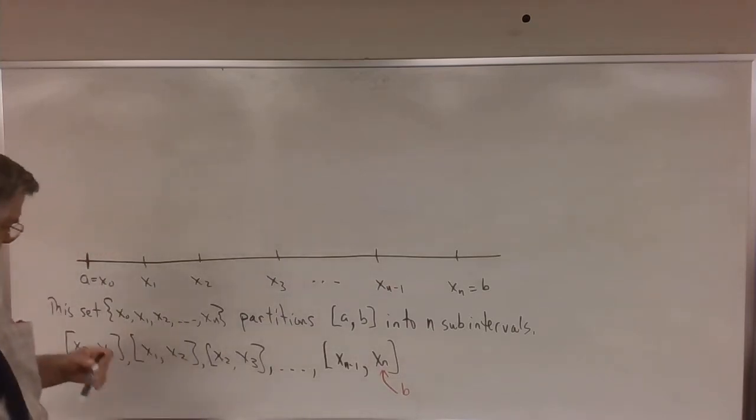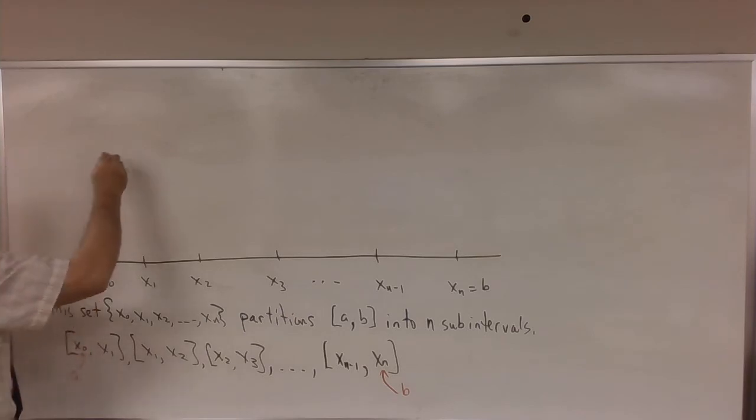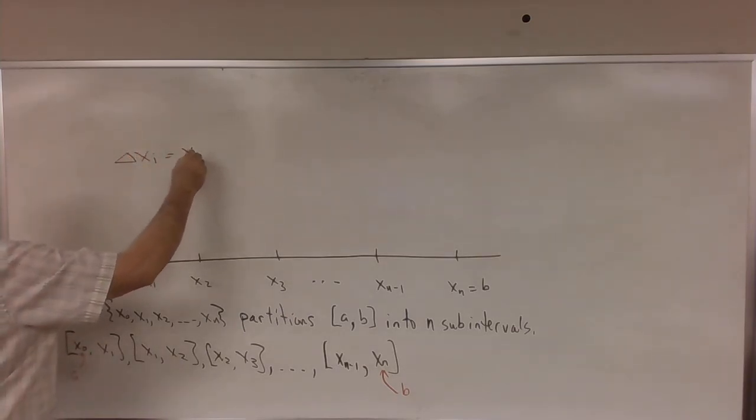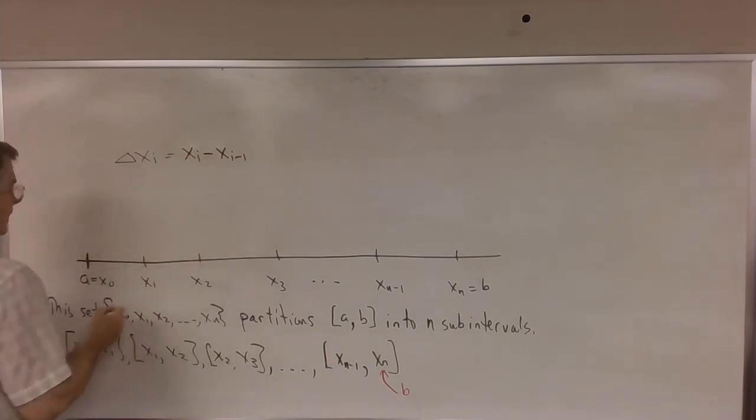By the way, I should not have erased that, but we said delta x sub i is x sub i minus x sub i minus 1.